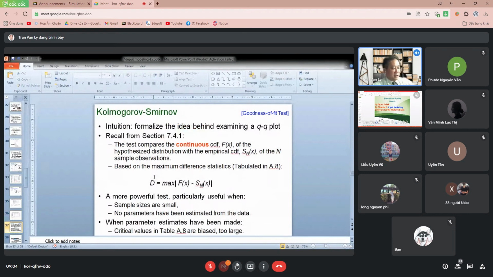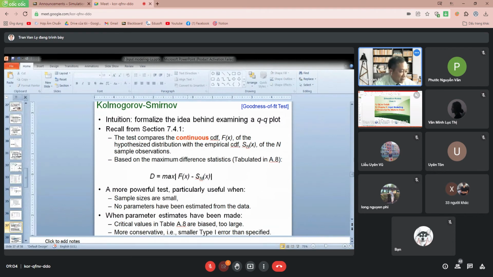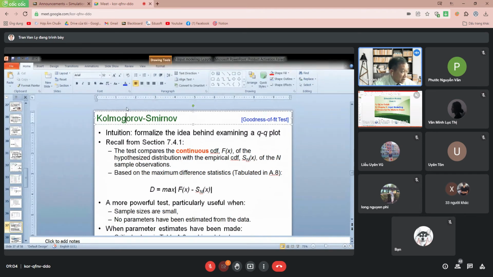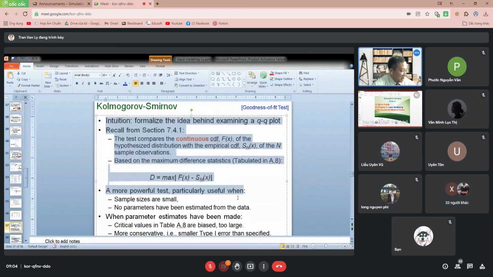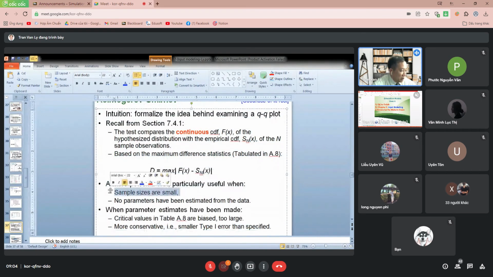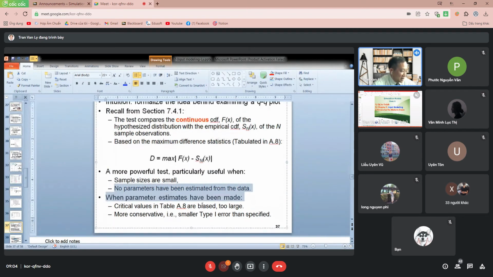Now KS. KS is also a tool, a technique, to test the goodness of fit. Use it when the sample is smaller and no parameter has been estimated.